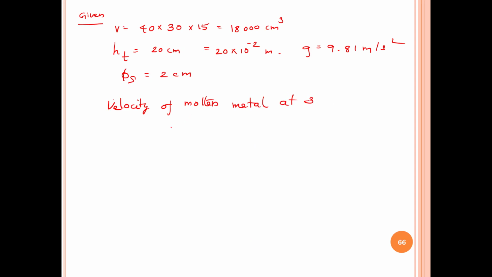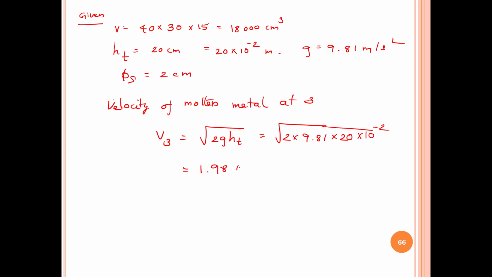At 3 we have to calculate. That is velocity equal to root of 2gh. Here we take the total height, so 2 into 9.81 into the height of 20 centimeter, which gives 1.98 meter per second.